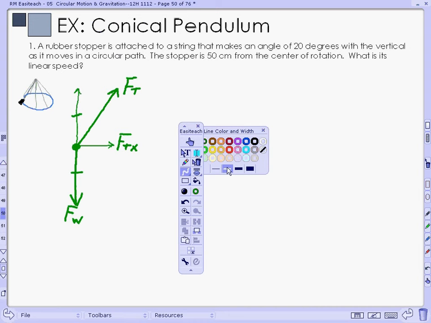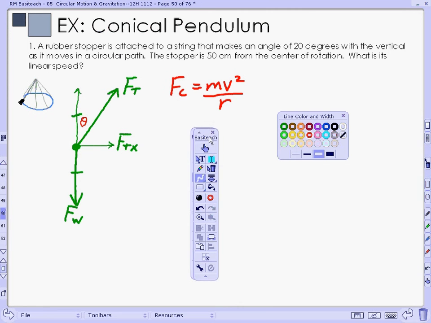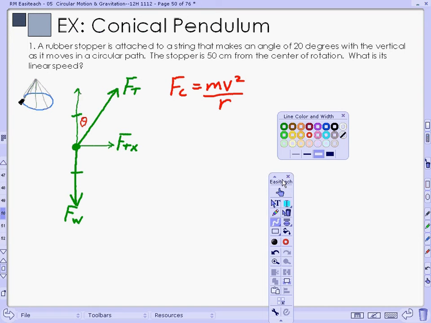The first thing you should always do in these problems is write down F_c equals mv squared over r. And F_c in this case is F_TX. I'm going to skip a step and assume some knowledge. You can look at this angle theta and imagine this right triangle in here.